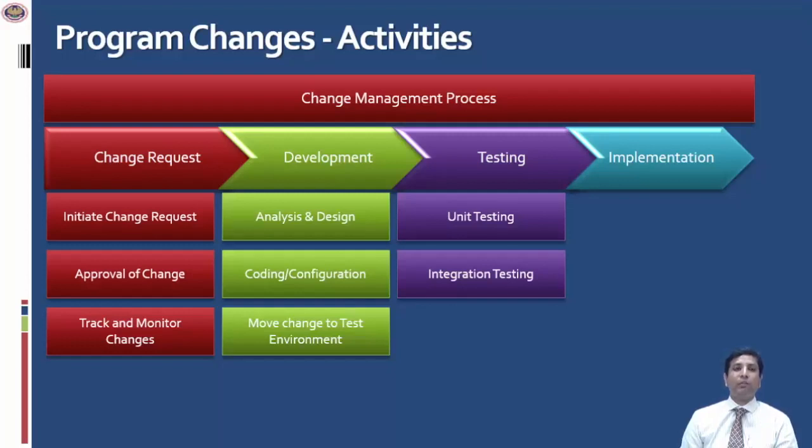And finally, a user acceptance testing is done by the end user. Typically, it is the user who has initiated the change and requested the change in the first place. The user finally gives approval, confirming that the change is as per the initial request.